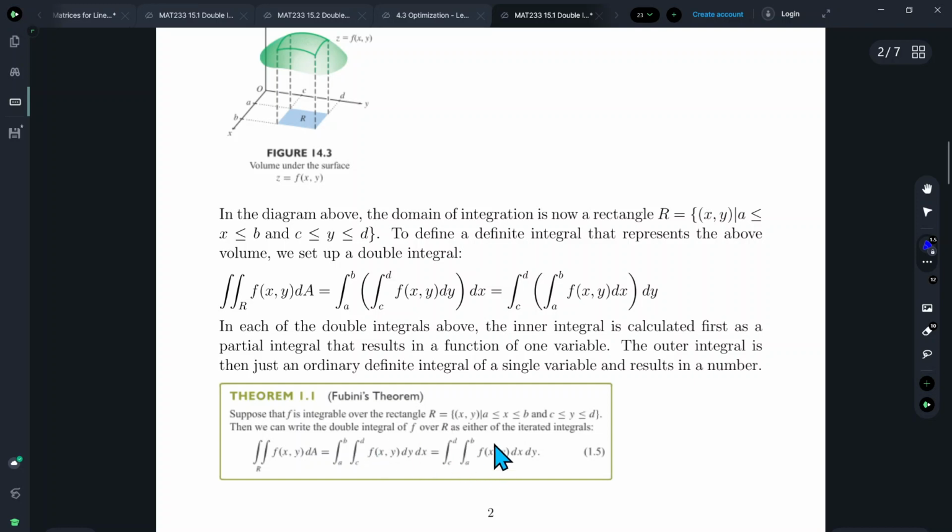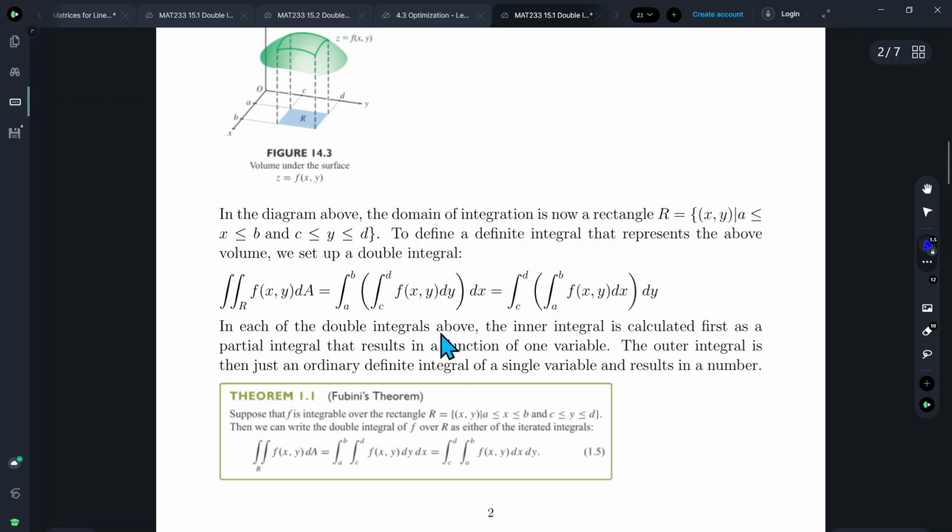However, depending on the way you set it up, you have to make sure that the limits of integration match up with the corresponding variable, right? Here the inner integral is with respect to y, so the limits of integration are c and d. The outer integration is with respect to x, so the limits here are a and b. And then here it's just switched around.